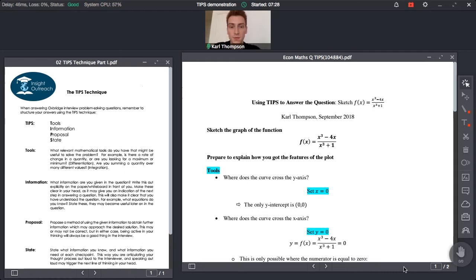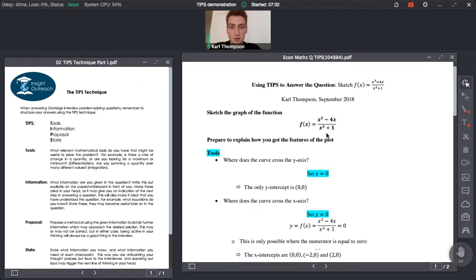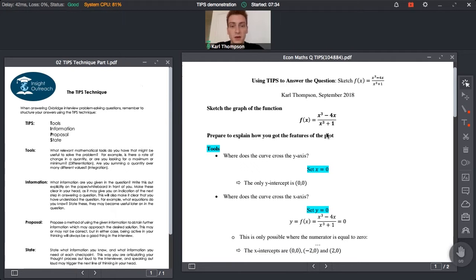So here, firstly, we can find out where this curve crosses both of the axes. So for the y-axis, we set the x values equal to 0, and we can find the y-axis intercept at 0, 0.